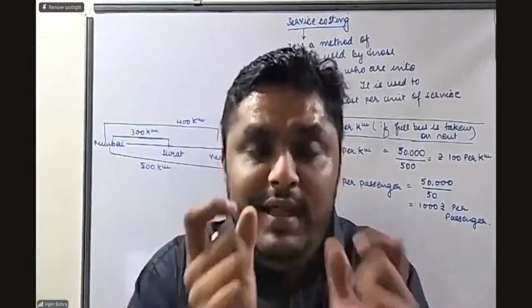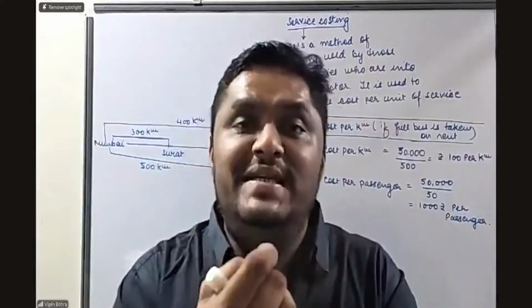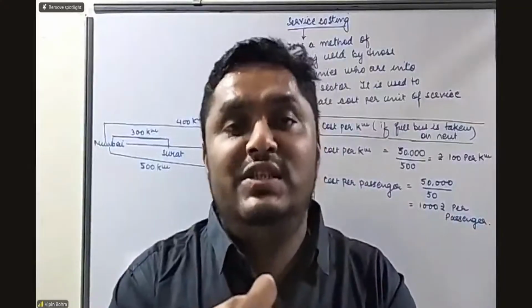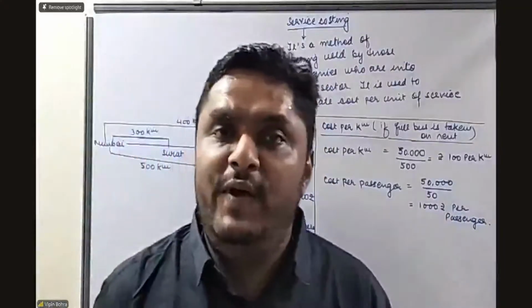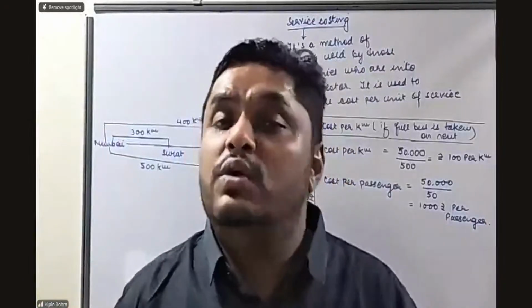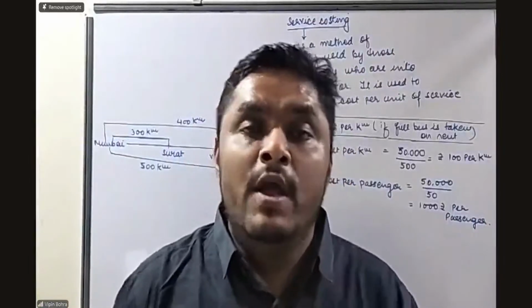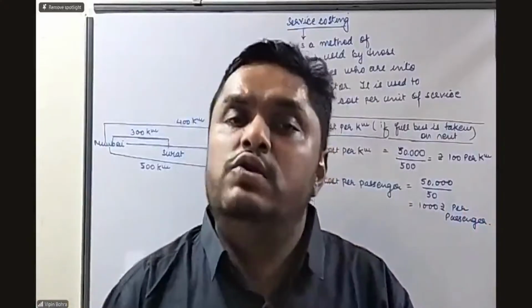So very important, there are two factors responsible to fix the fare. First one is the passengers. Second one is the distance traveled. Straight away we can't charge 1,000 rupees as the fare, saying that even if you get down at Surat we will charge 1,000, and if you get down at Vadodara we will charge 1,000. So apart from the passengers, the distance traveled is also important.